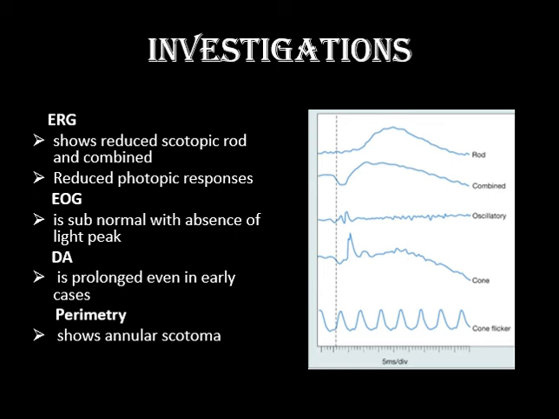The first one is ERG, electroretinography, that shows reduced scotopic, rod, and combined waves. So these are the 5 readings that we do in ERG.